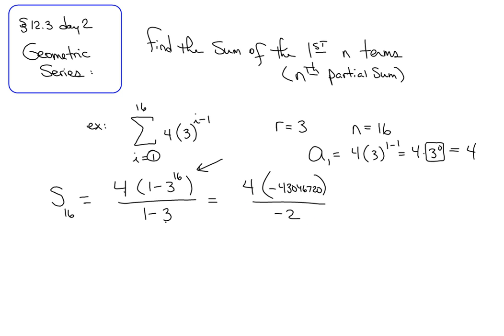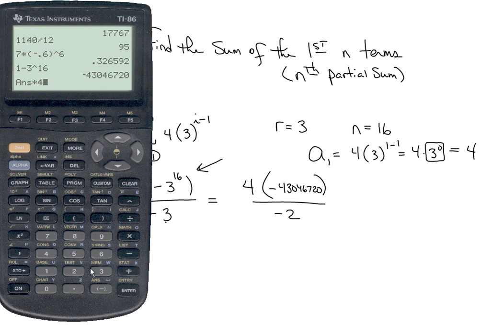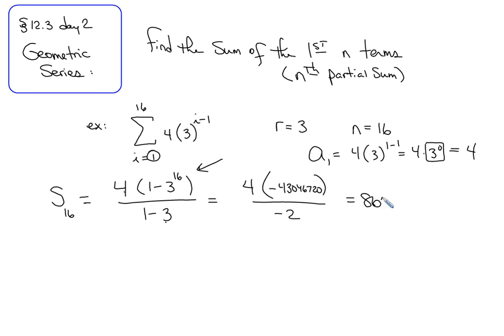Times 4 and then divided by negative 2. So times 4 equals, divided by negative 2 equals, and our answer is 86,093,440. So this one didn't come out to be a decimal, but when r is not a whole number, they will almost always come out to be decimals.